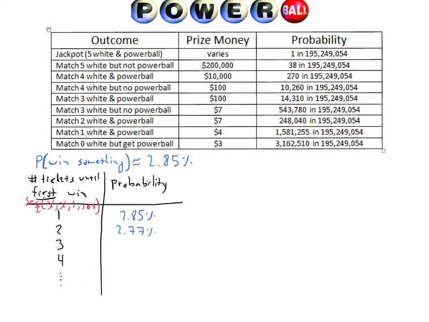But this is going to take a really, really long time to get all of those, so it's actually going to be faster if I define my rule here as the probability that I don't get it, which was our 97.15%, and I might want to use 1 minus the probability that I do get it in A, and this is going to be raised to the power of L1 minus 1 times the probability that I do get it, which is 2.85.